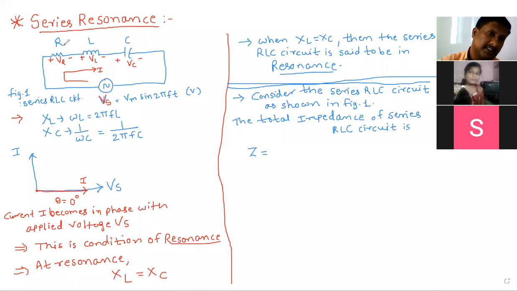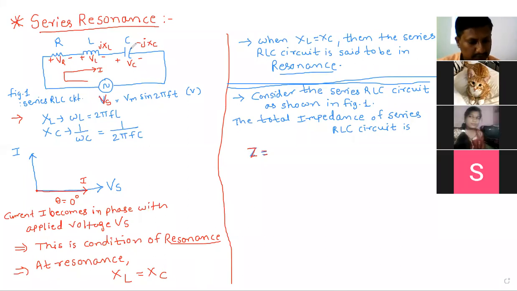For resistor, it remains R only. For inductor, it is jXL. For capacitor, it is minus jXC. And unit is ohm. So what is Z? Total impedance. How are they connected? Resistor, inductor, capacitor. Series. Yeah.